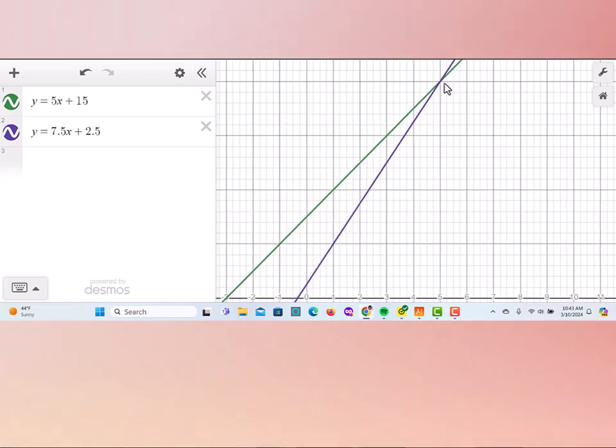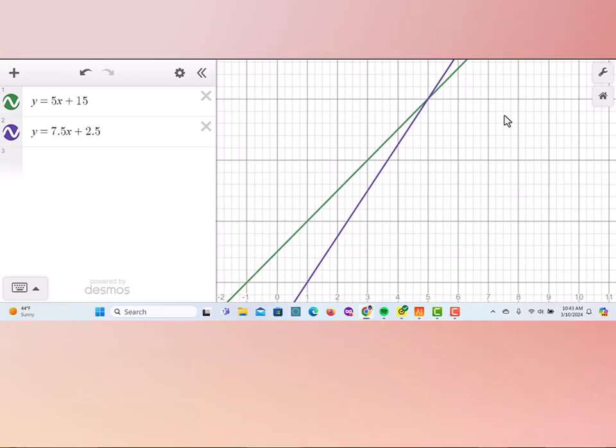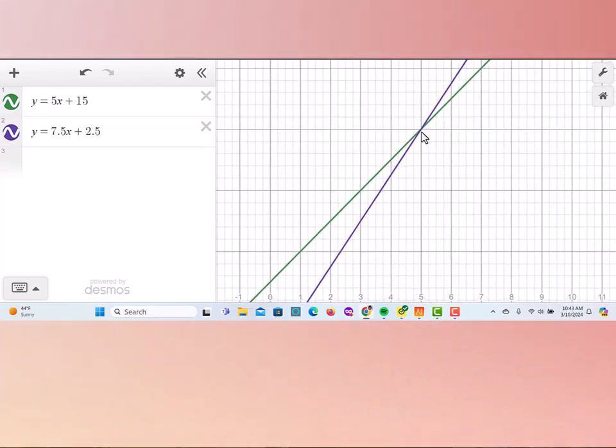Okay, so now I see where those lines intersect, and I can click the point. As I zoom in, I can see it better, at 5, 40. So that's where Noah and Andre will be equal.